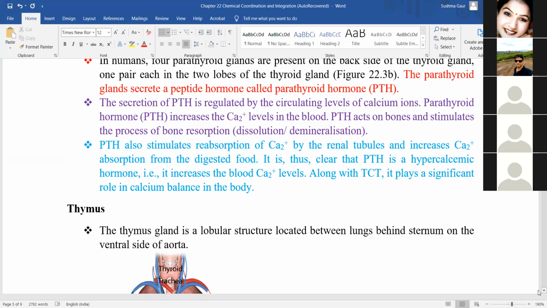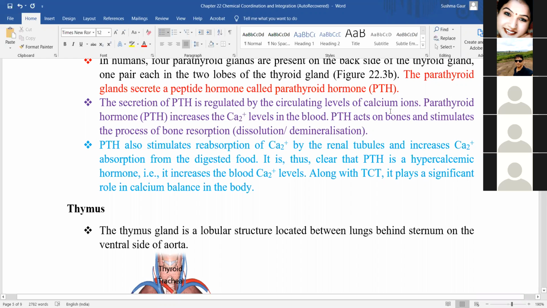Okay, so this parathyroid gland secretes a peptide hormone known as parathyroid hormone. The secretion of this parathyroid hormone is regulated basically by circulating levels of calcium ions.